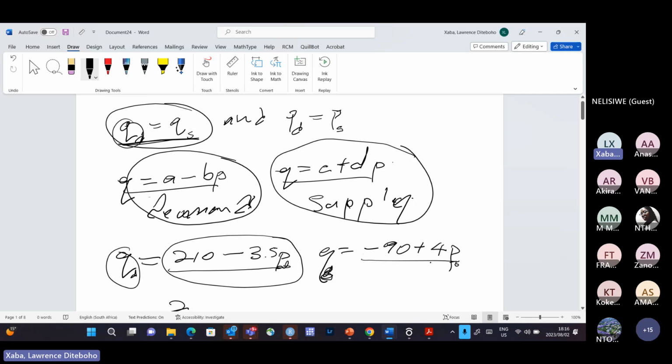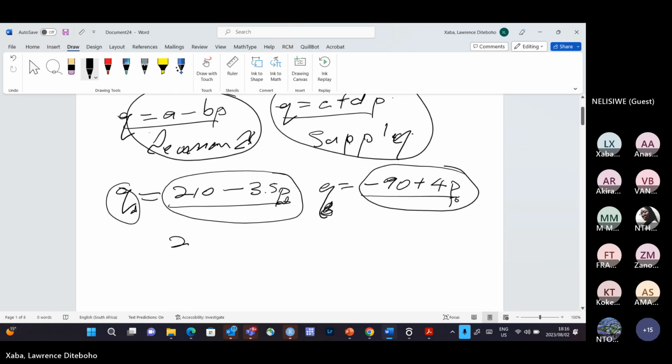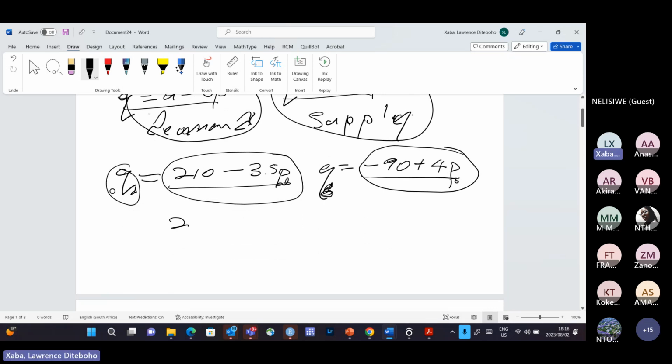If we are saying these are equal, where we see Q in this equation, we'll have to substitute it with the right-hand side of our supply linear equation. So now I'll just repeat the equation. This is our equation.